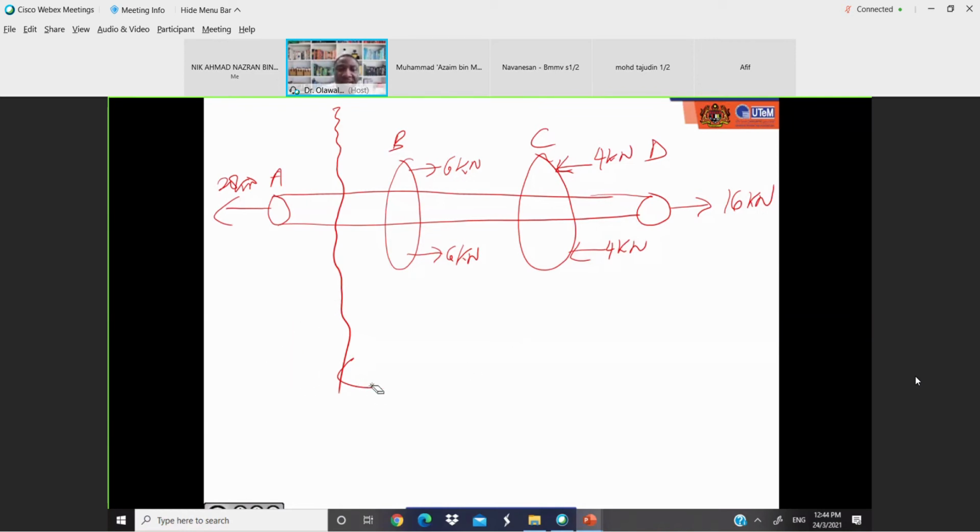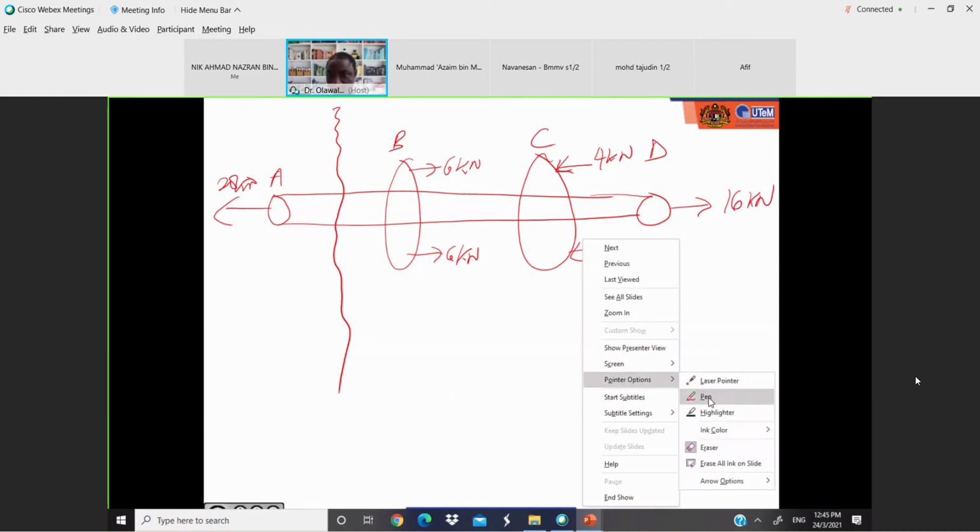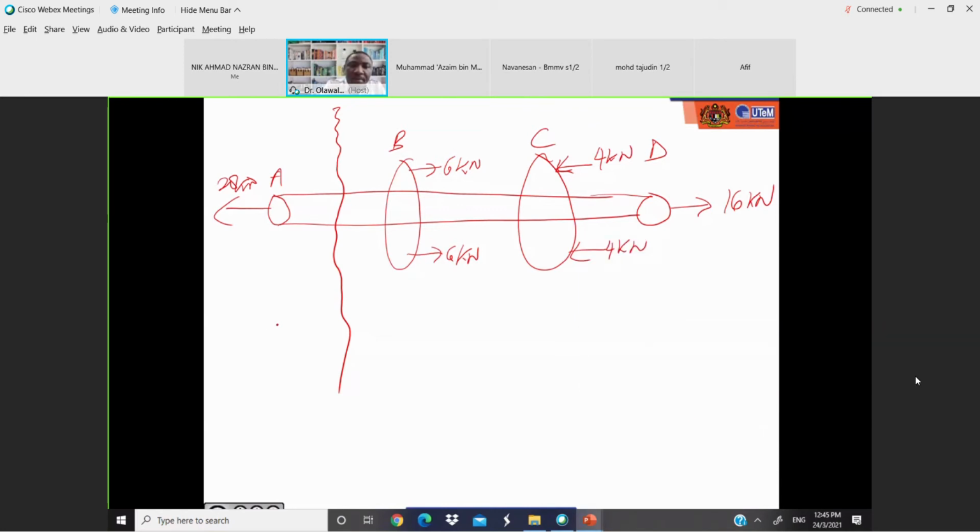Okay, so if I take this one, let's see what we have. I want to draw my free body diagram. This is FAB.